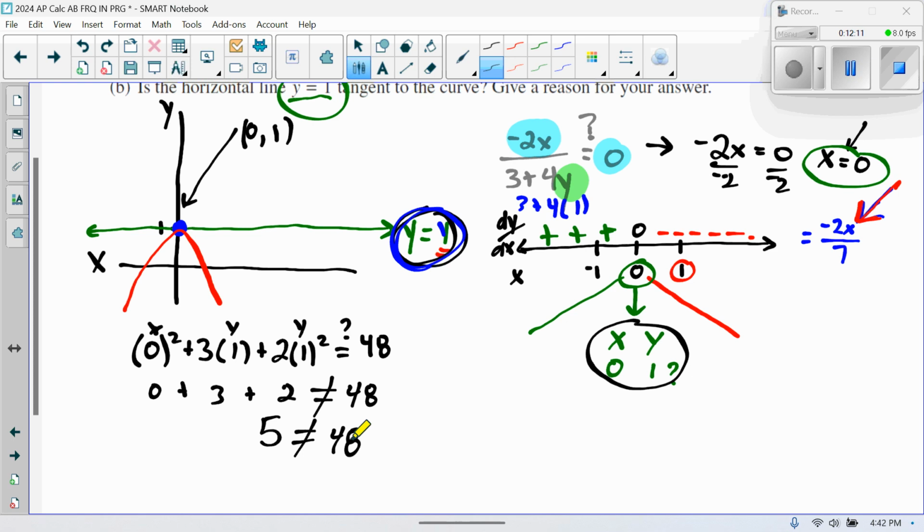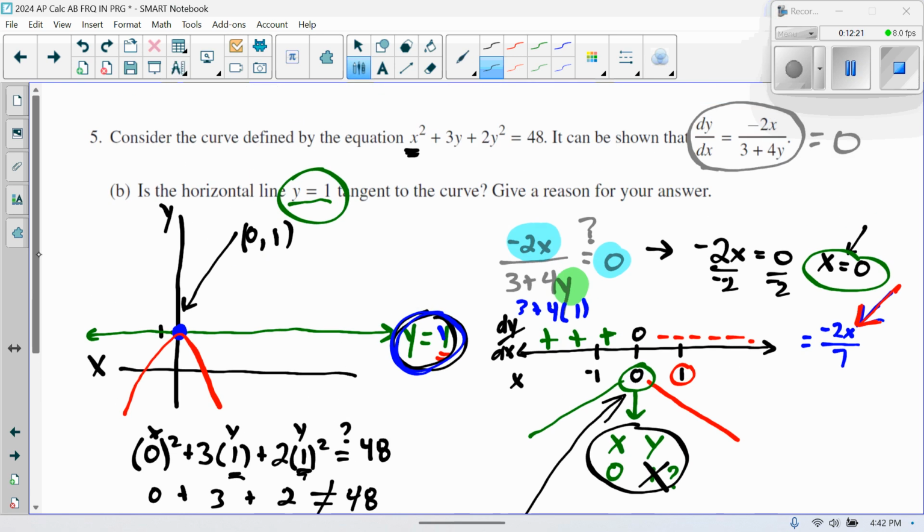So I do have a max point at 0, but it's not when y is 1. That doesn't work. That's not a coordinate. They're not asking me to figure out what y value it is, just, do I have a tangent line there? So the answer is no. y equals 1 is not a tangent line.